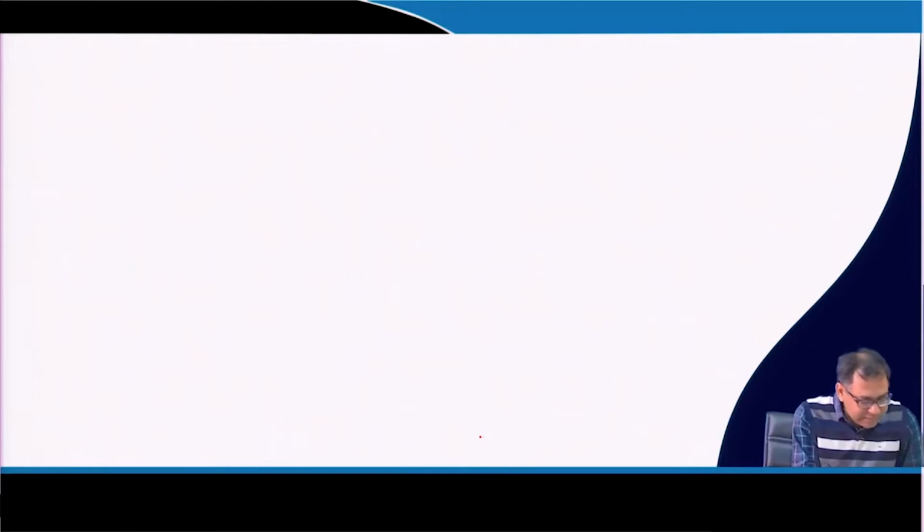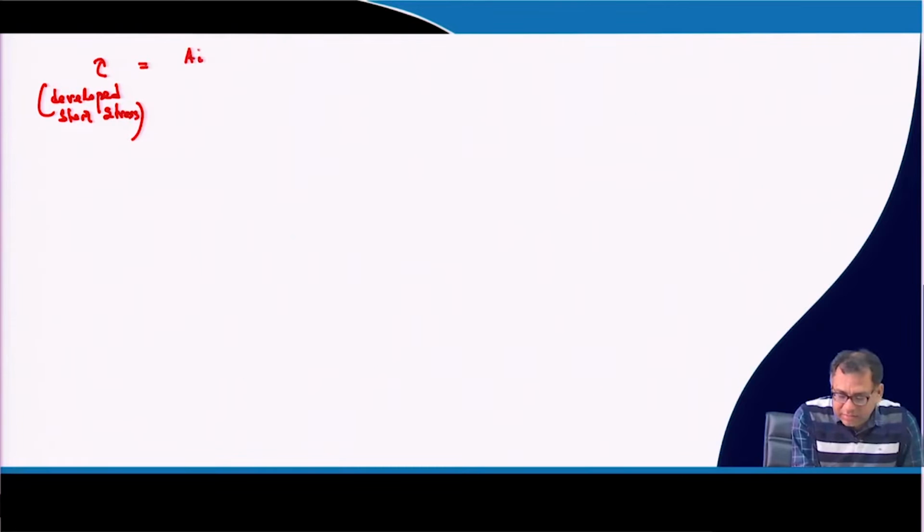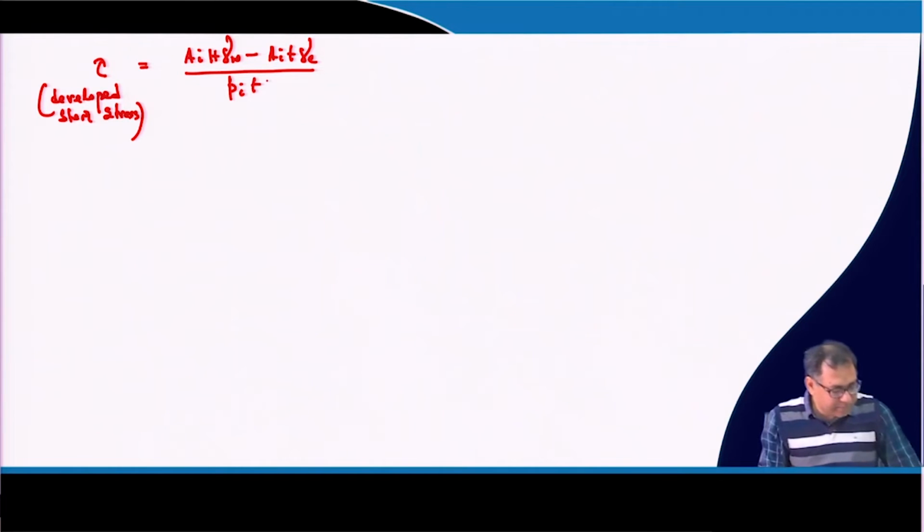So, the second check is that the shear stress developed is equal to Ai H gamma w minus Ai t gamma c divided by pi into t.